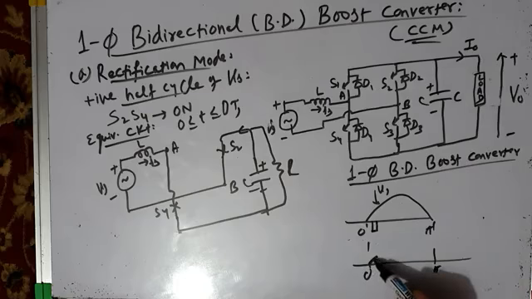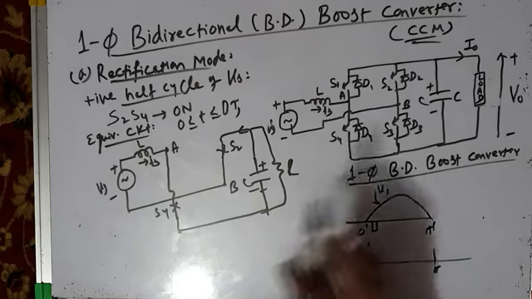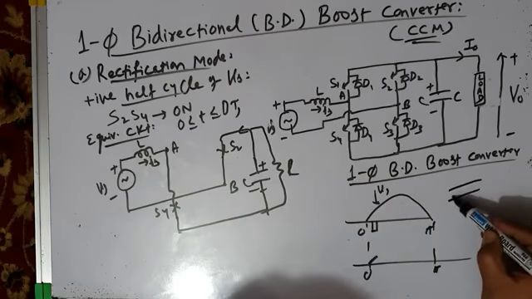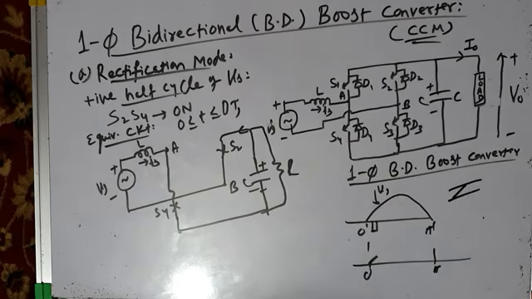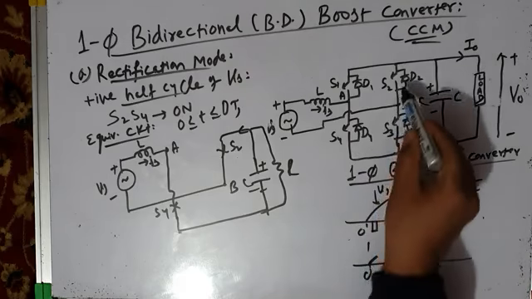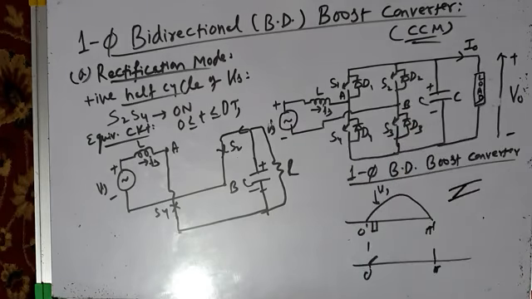And current through the inductor, which is the source current, rises. If you are using hysteresis current control technique, as soon as this current touches the upper hysteresis band, this pair of switches will be turned off by your hysteresis current controller. So both switches will turn off, and the energy transfer interval will start.